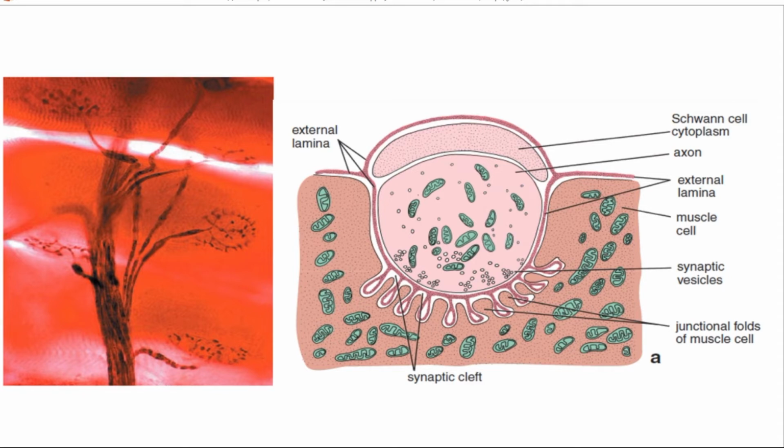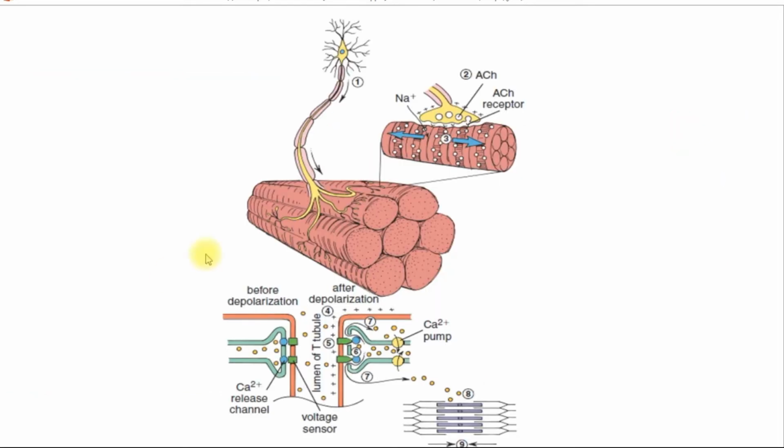So each individual muscle fiber has its own source of innervation. And here we can see that they have separate innervation. But in smooth muscles, smooth myocytes form layers, and the entire layer has the same source of innervation. That's why contractions of skeletal muscles are more specific than in smooth muscles.